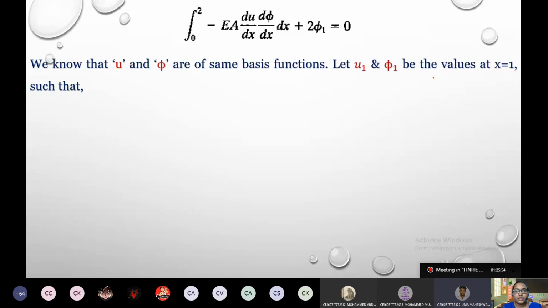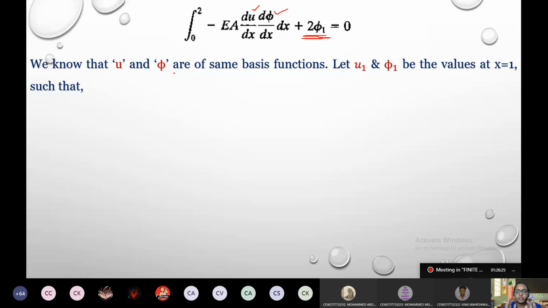Now, in here, we know that there are two terms. There are u terms and there are phi terms. Now this phi 1 where it is mentioned here means the value of phi at x is equal to 1. So that is phi 1 you can give. Now we know that u and phi are formed of the same basis functions.